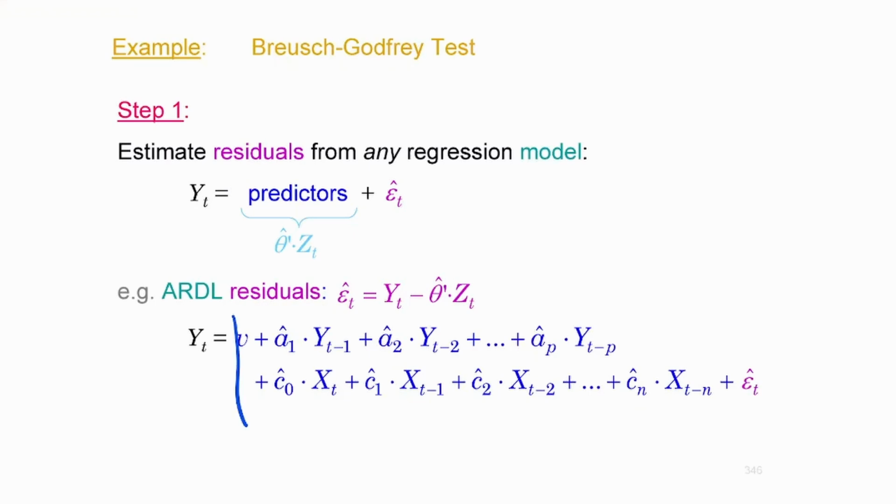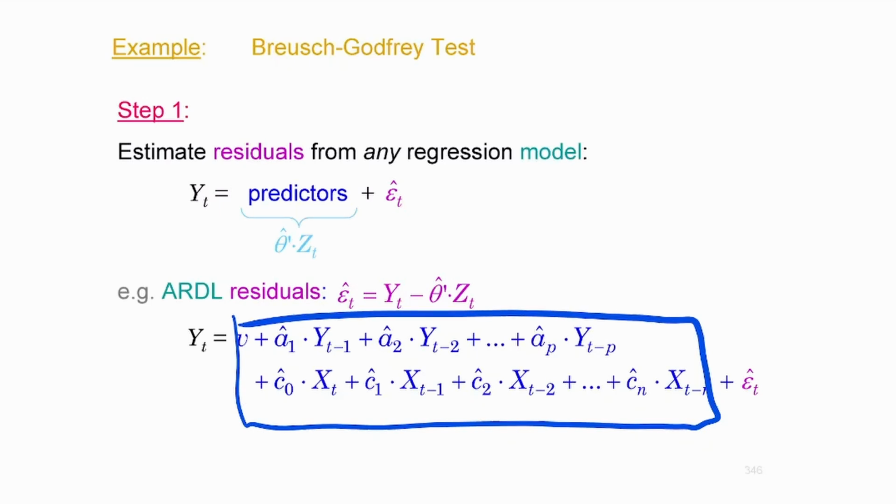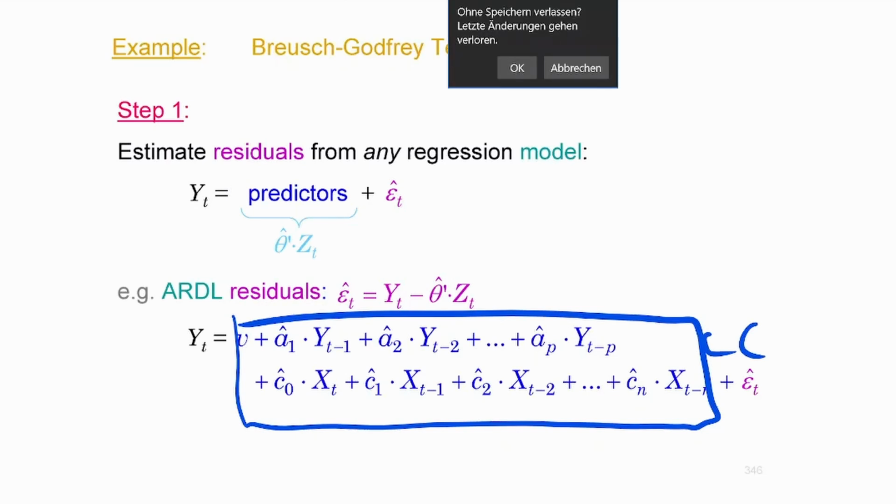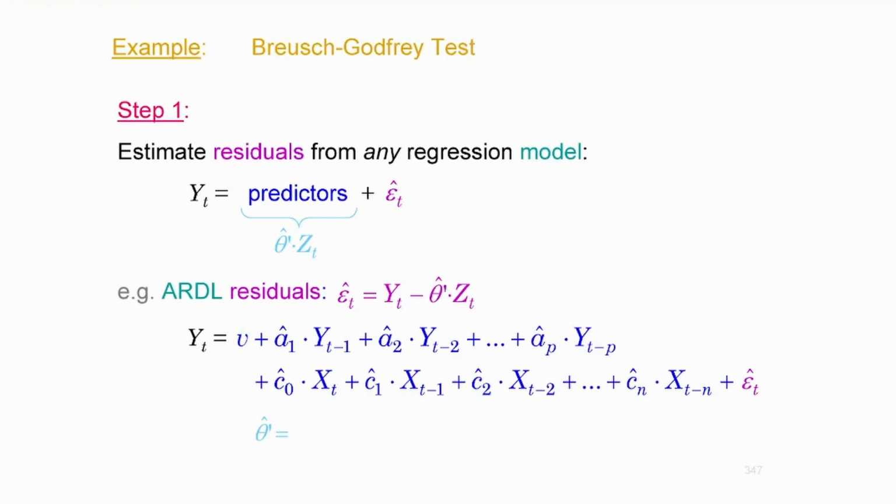This is basically the linear combination of the predictors. All of them are predictors, including the constant, by the way, so I would consider that one as well. Again, this vector includes the constant, and then, of course, the estimates for the AR part and the estimates of the distributed lag part.